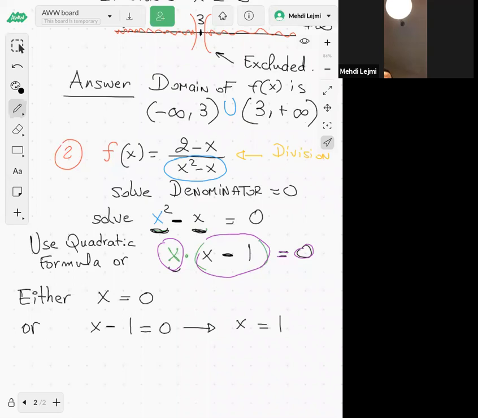Okay, so we got 2 solutions here, guys, right? We got x equal to 0, and we got x equal to 1. Okay, now whenever you have the division, you have to exclude the answers, right? A division, solve denominator equal to 0, and then we have to exclude the answers from the domain.